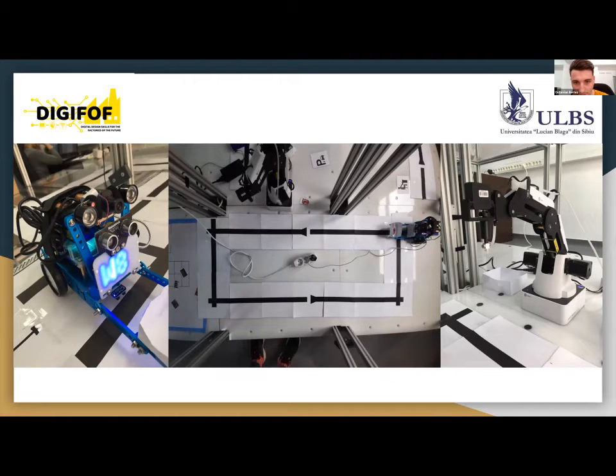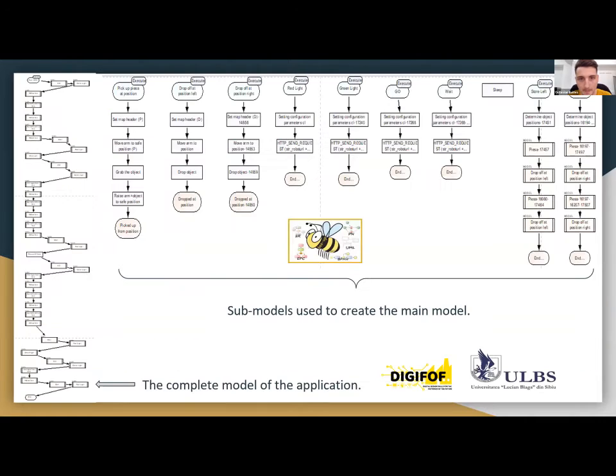In the middle, we have the path that the mBot has to follow to fulfill its job. And in the right image, we have the robotic arm, which will separate the parts.